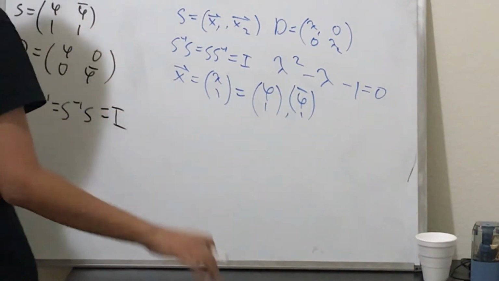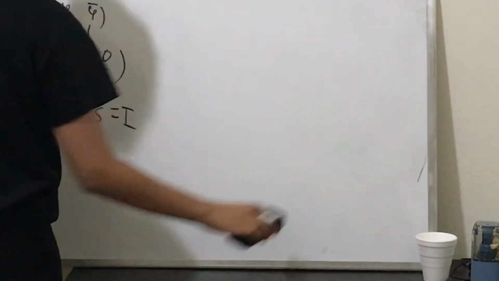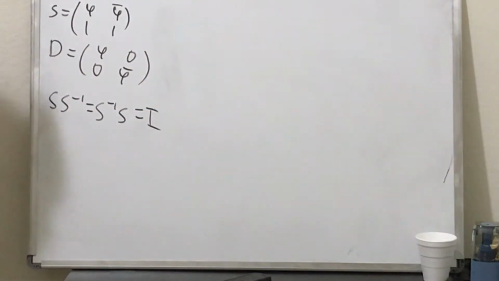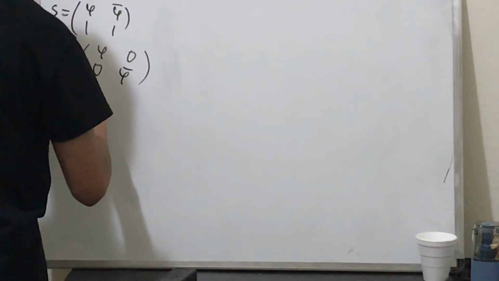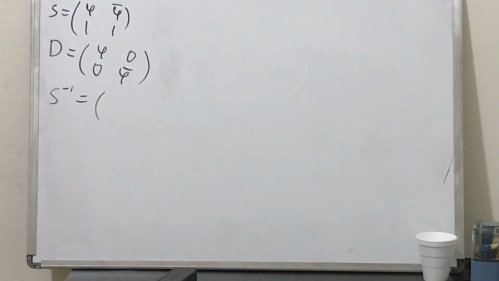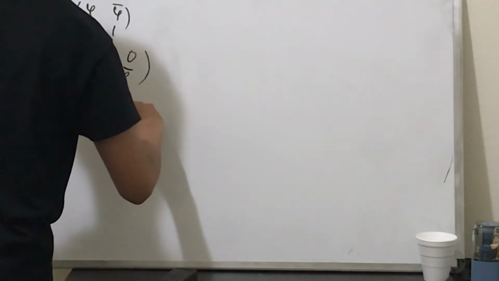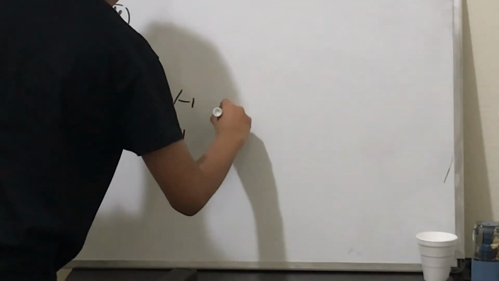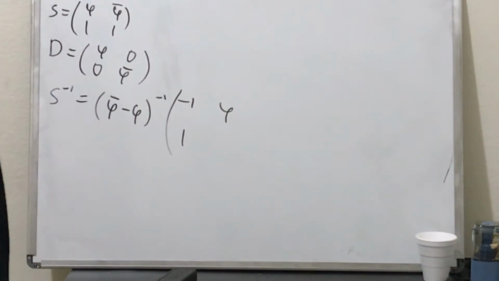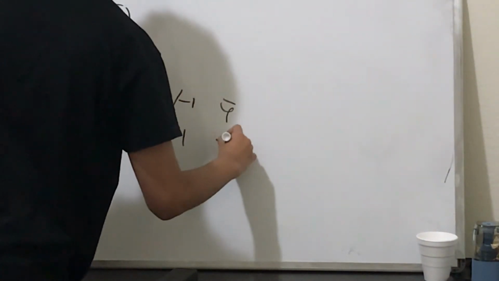Okay, and you can go ahead and figure out the inverse pretty much any way you want. I went ahead and just used the definition. And if you do that, you'll find that the inverse, S inverse, is equal to (phi bar minus phi) to the negative 1 times the matrix negative 1, 1, phi bar, negative phi, like that.